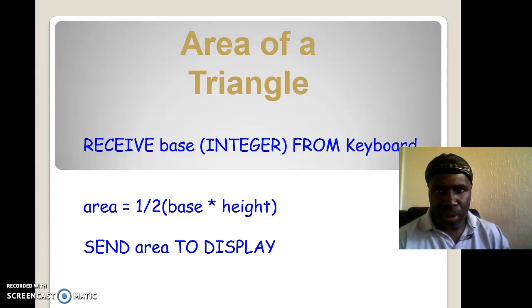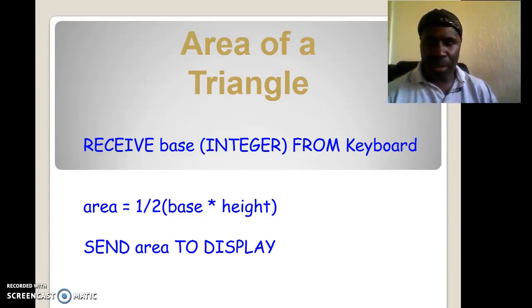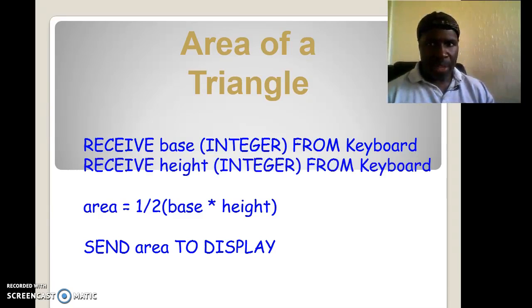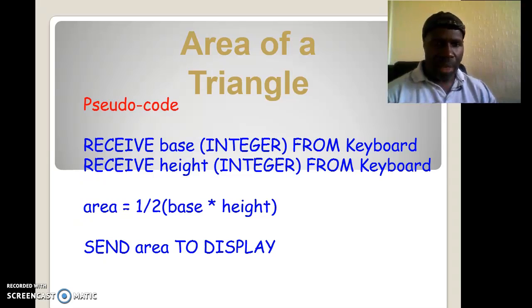In order to find the area of a triangle, we receive the base from the keyboard, we receive the height from the keyboard, and we create a variable called area, which contains the formula for calculating the area of a triangle, and we send that information to the display.